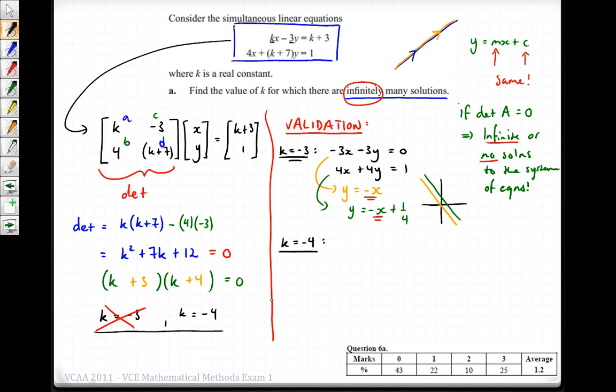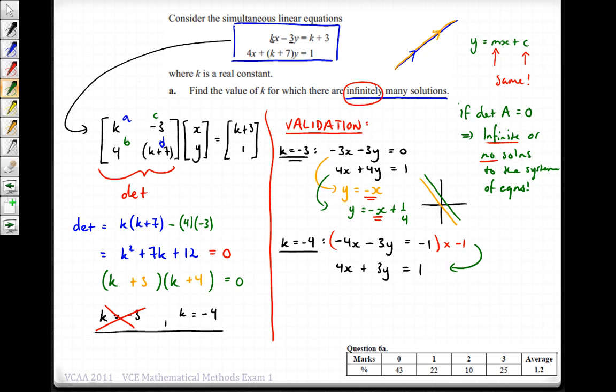So if all goes to plan, hopefully this should come out right for us. So we get -4x minus 3y equals -4 plus 3 is -1. And down the bottom we get 4x plus 3y equals 1. So if we multiply this whole side by -1, it would equal this one here.